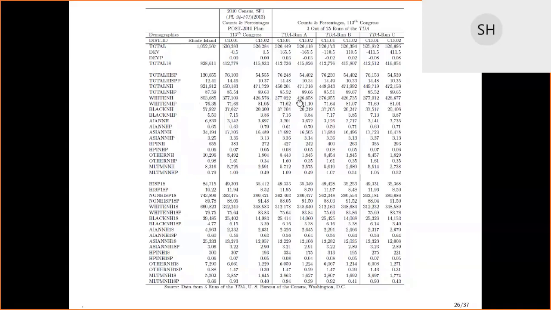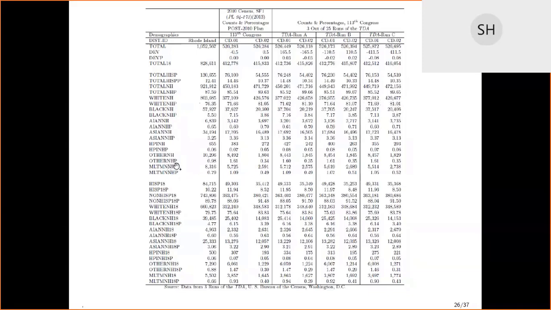You see the same pattern in the first run, 377,000, 426,000. In the second run, you see a similar pattern, 376,000, 426,000. And in the third run, 377,000 in the first district, 426,000 in the second. And one can look at other things.